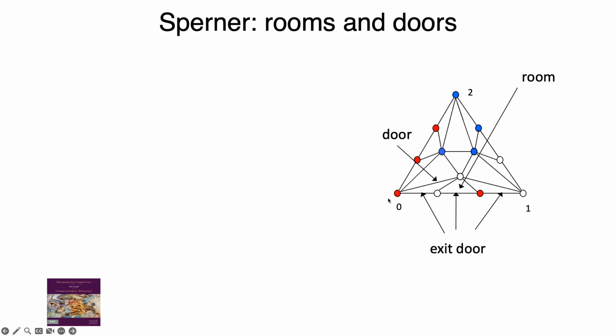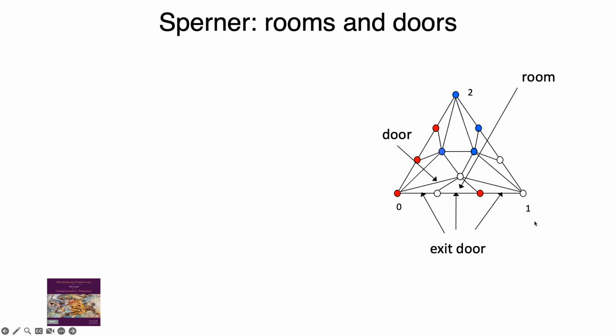So we have colors 0, 1, 2, and we zoom in on the face colored 0, 1. Remember that all the vertices here get colors from 0 to 2. In this case, it's white, red, or blue. But some simplices, especially the n-1 dimensional ones, can be colored with all distinct colors from 0 to n-1. In this case, from 0 to 1.